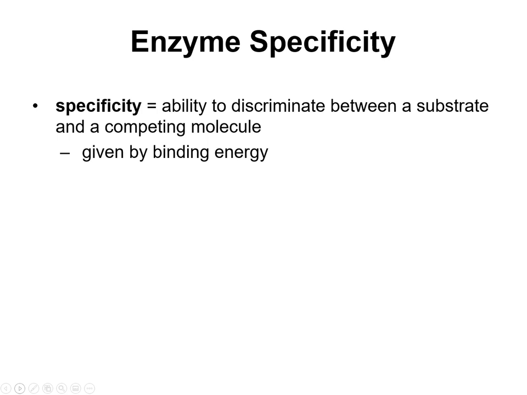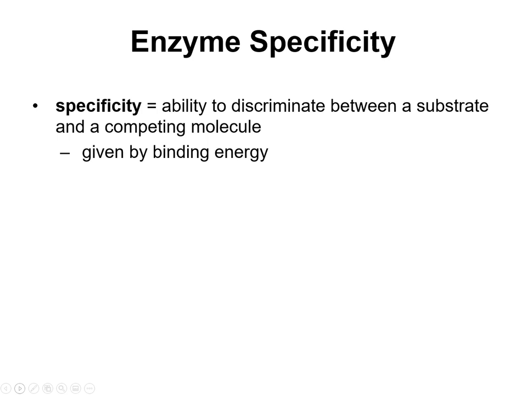The specificity of an enzyme is the ability to discriminate between a substrate and a competing molecule, and that is linked to the binding energy. A competing molecule may not have all the complementary things that allow it to bind to the enzyme well, and it may not be complementary to that transition state, so it might go and kind of test the waters, dip a toe in the water, say, oh, it's too cold for me, and then that competing molecule will leave.